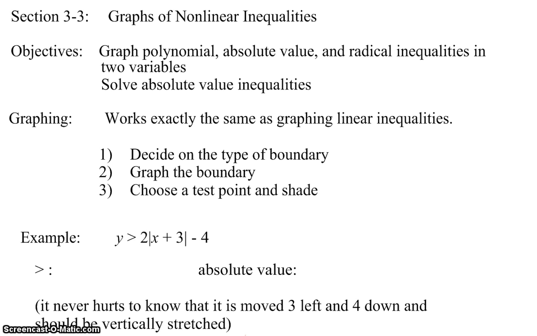The first step we do is to decide on the type of boundary line, or boundary curve in this case. We have four possibilities: greater than, less than, greater than or equal to, and less than or equal to. On the first two, greater than and less than, the boundary is not included in the solution.